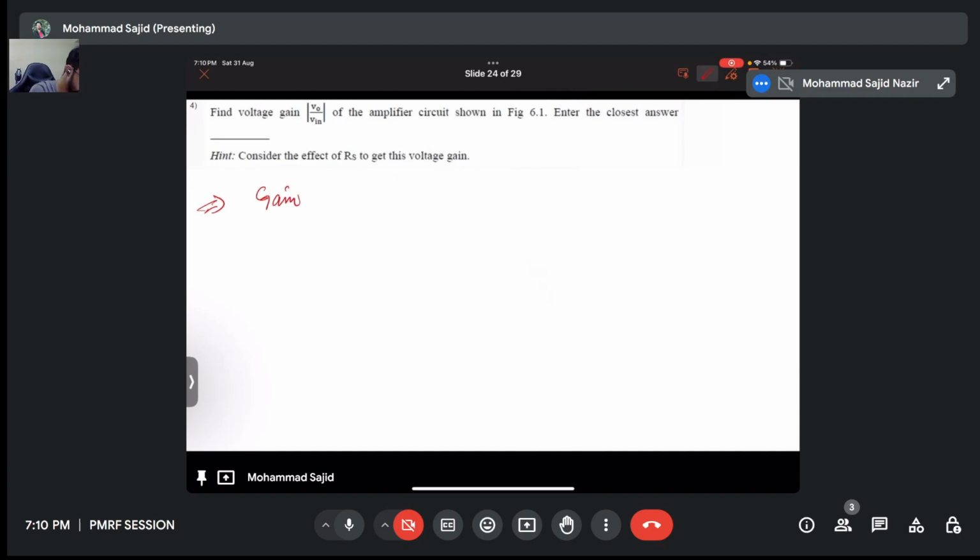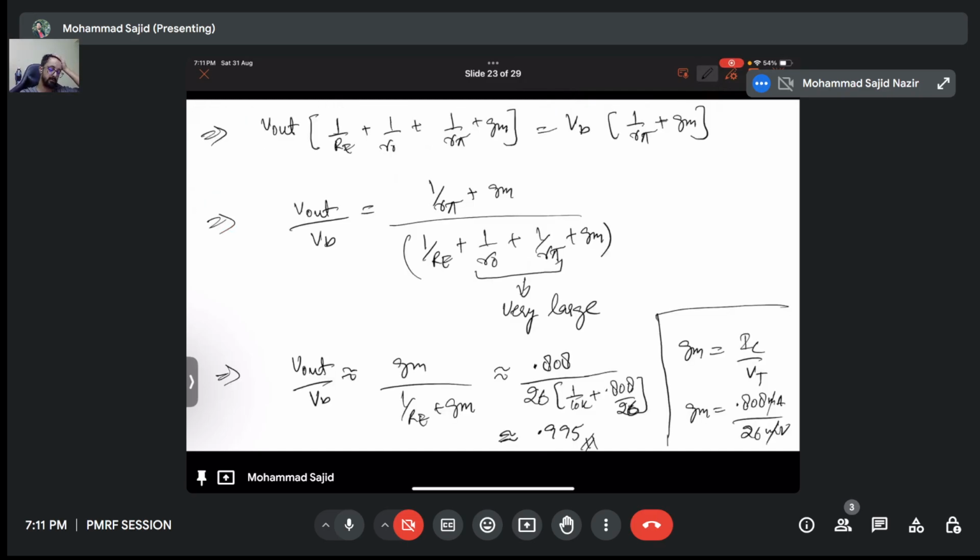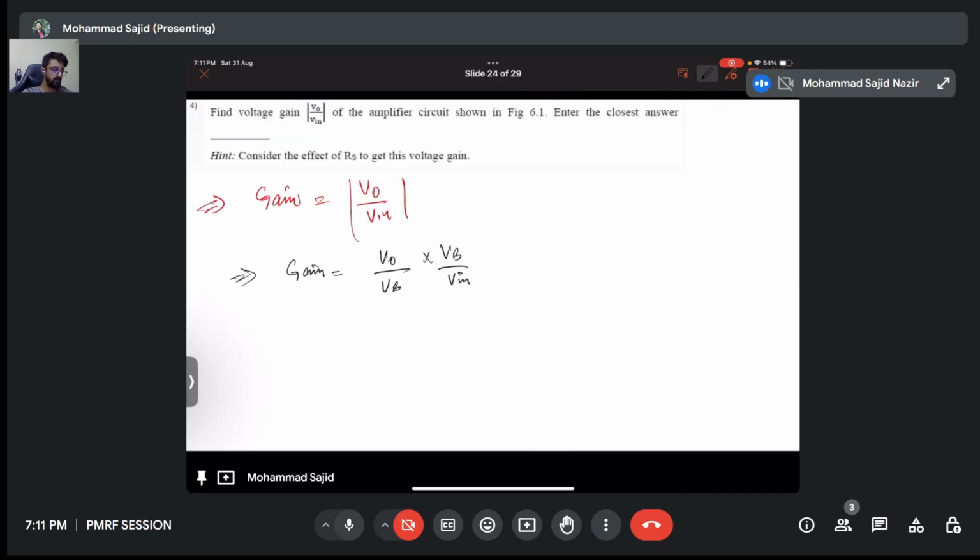Gain. Here we need to calculate the output by V input. So what we will do is we know this value, V output by VB, calculated, right? 0.995.